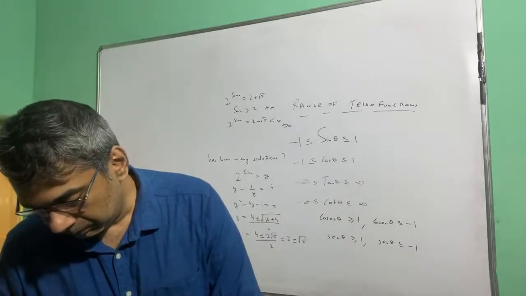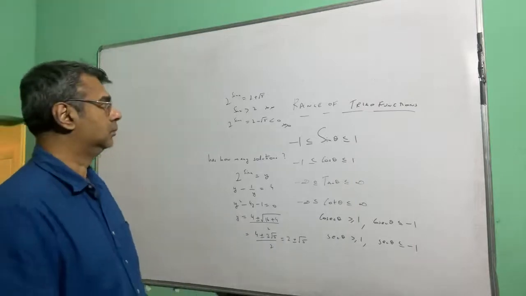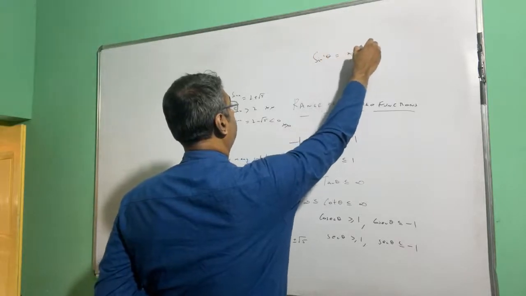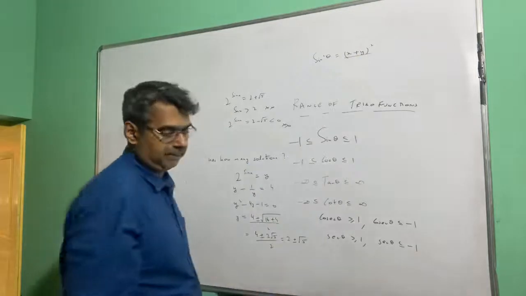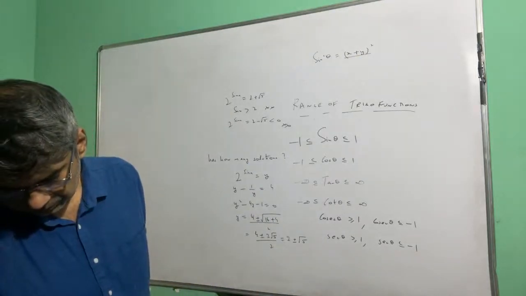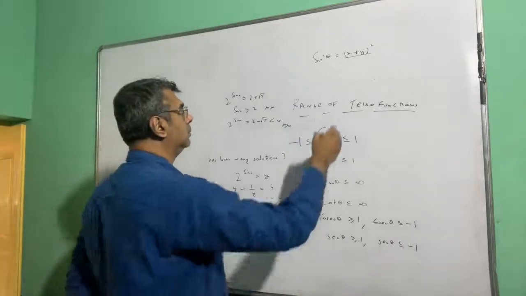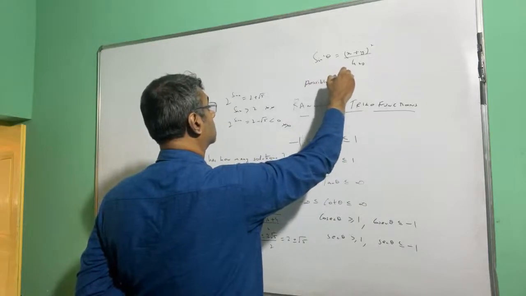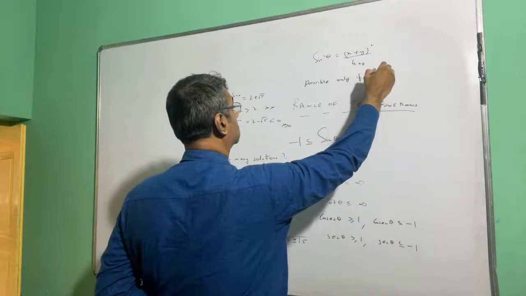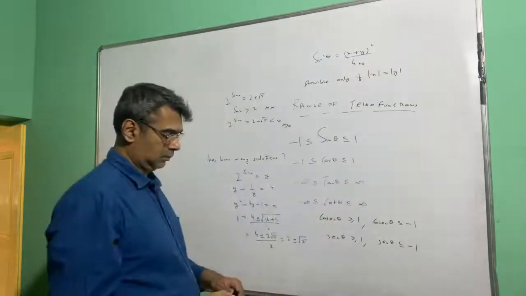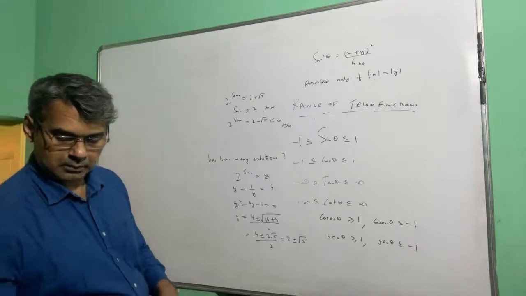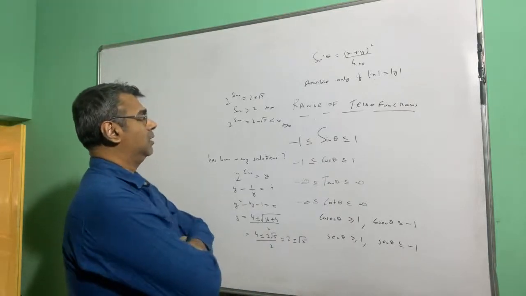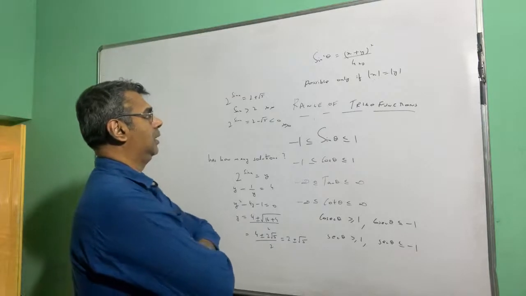Let's have a look at another one. Sine square theta is x plus y whole square by 4xy.